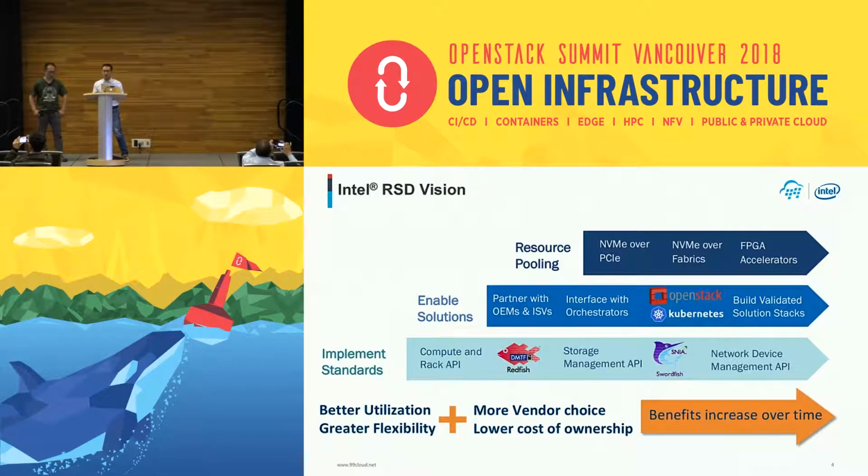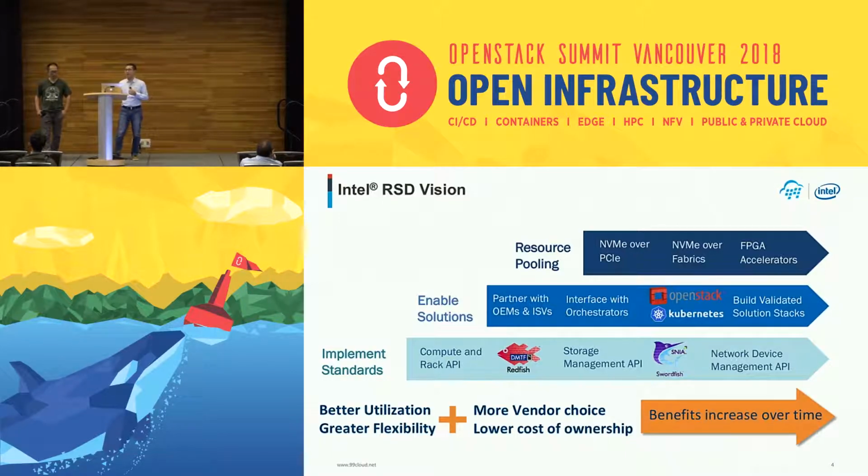Intel RSD technology is based on standard implementations, such as the Redfish management API and the storage management API, Swordfish. And on top of it, we are building those standards into existing solutions, such as OpenStack and Kubernetes. Take OpenStack, for example.